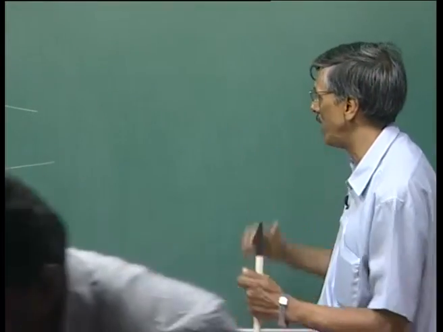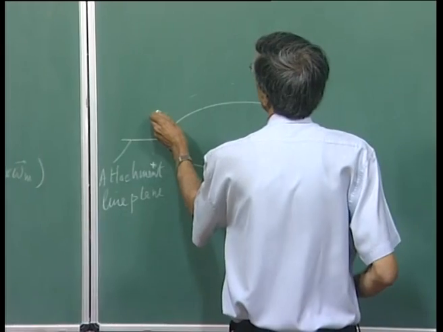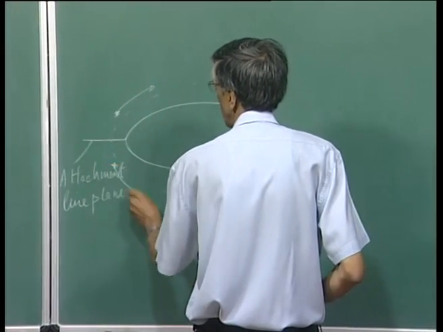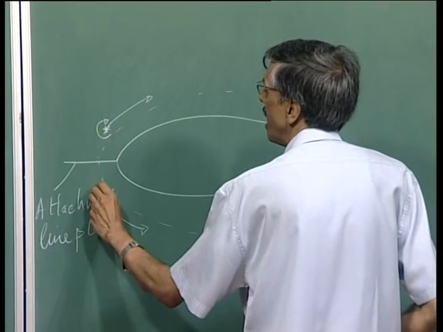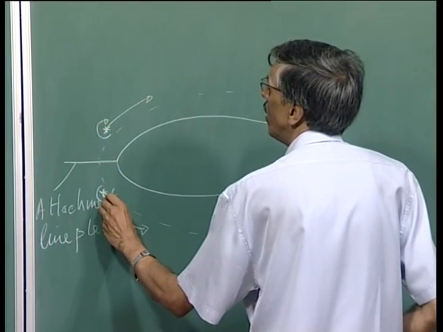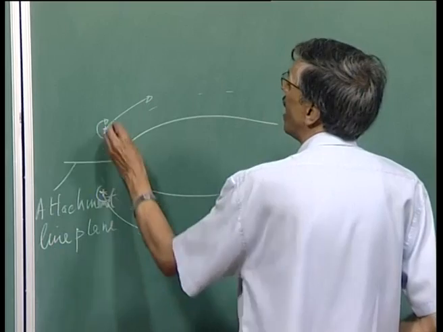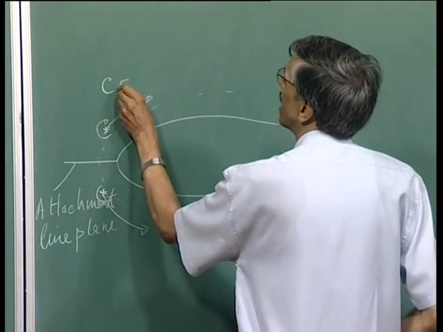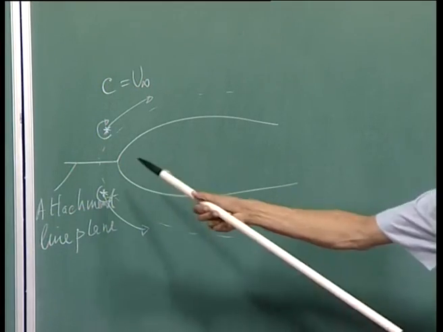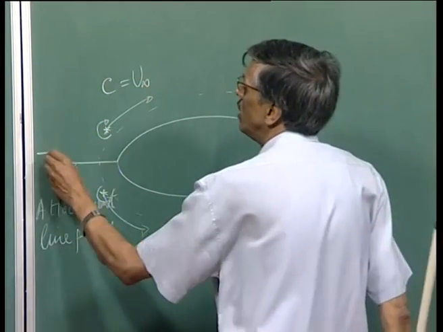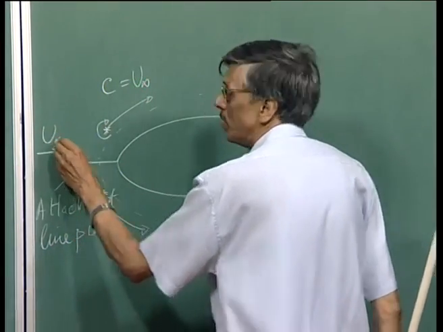So, it is like this. This will perhaps go this way, that will go this way. So, these vortices may be a counterclockwise pair, but they would be moving at c equal to u infinity, or the oncoming flow here is given by u infinity.